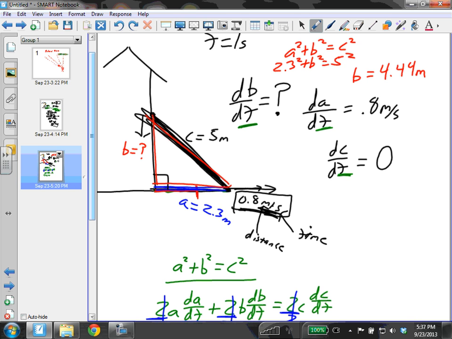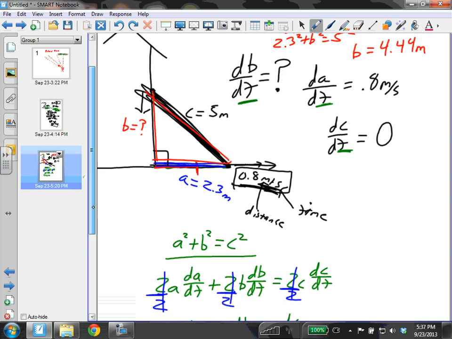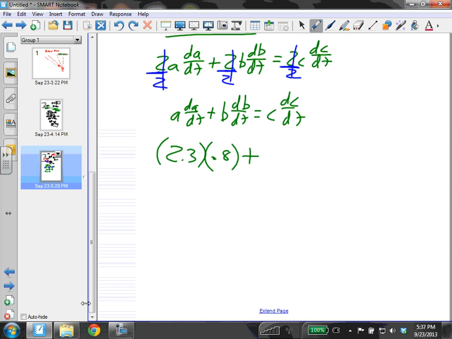So right now, at t equals 1, the distance for B is 4.44 meters. So 4.44 should go in for B. dB/dt, if you remember, is what we are looking for. So we'll leave it as a variable.